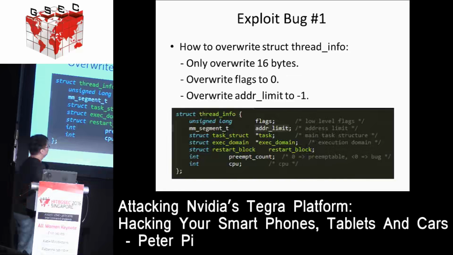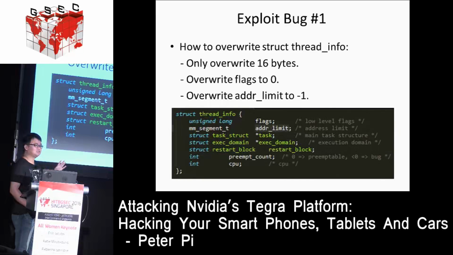So how to overwrite the struct thread info? This is the definition of the struct thread info. What we have now: we can control the overwrite length, so we can only overwrite 16 bytes, and we can control the overwrite content.